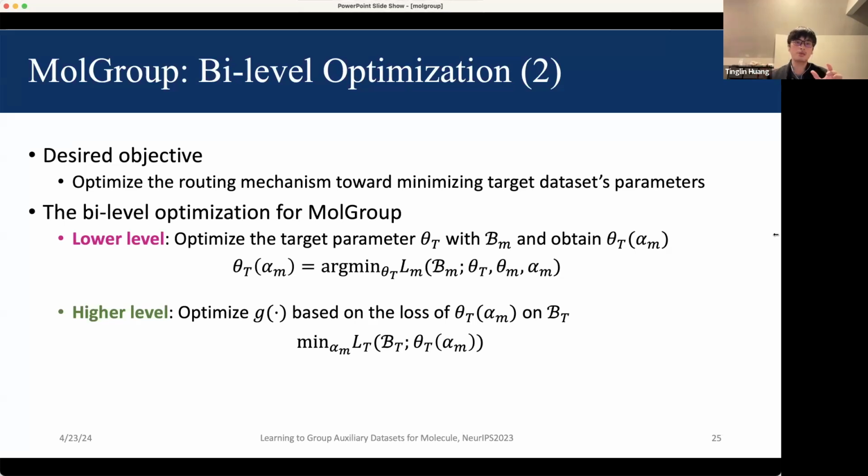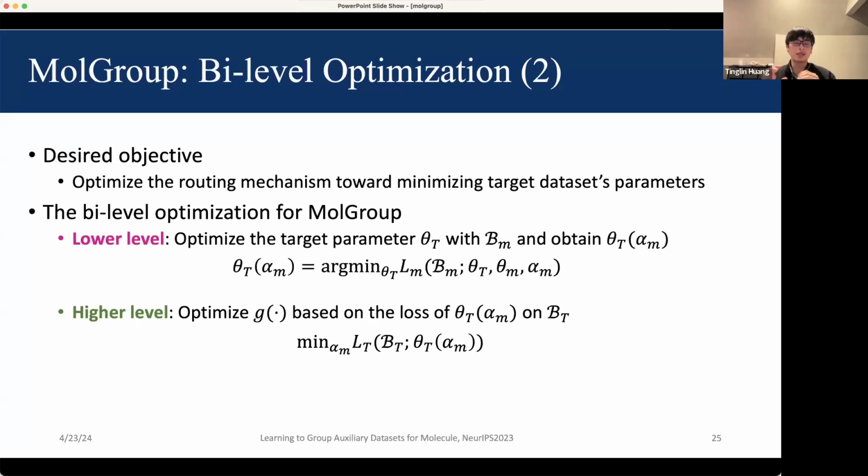Here we use theta t alpha m to denote it. With these updated parameters, we will retain the calculation graph. Then we optimize the routing mechanism based on these updated parameters.